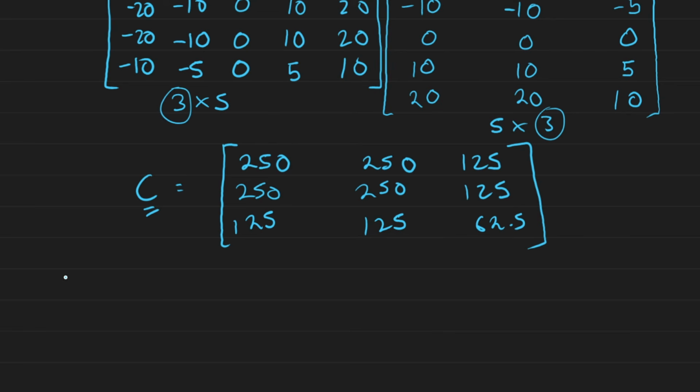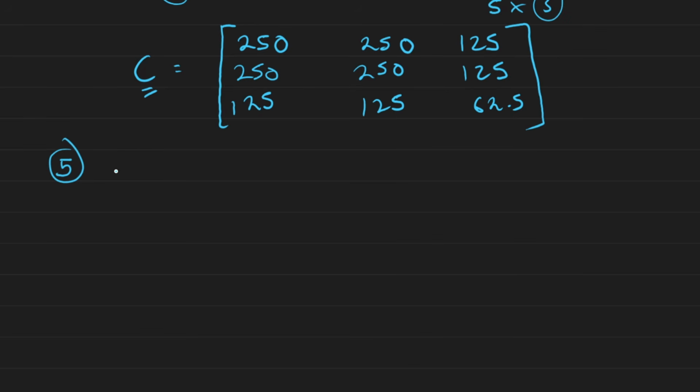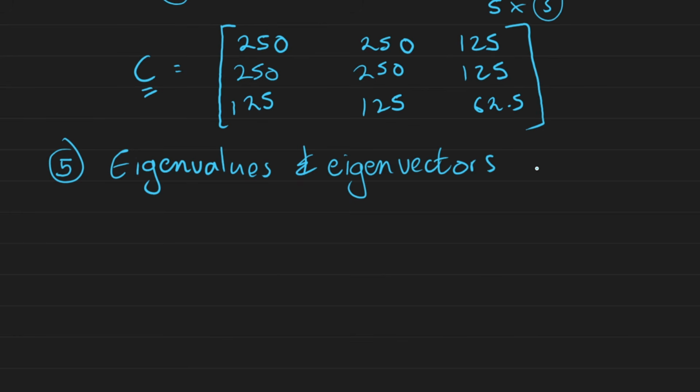The next step, step 5, is to determine the eigenvalues and eigenvectors of this covariance matrix C. In order to do that, we solve the characteristic equation. It's the determinant of this covariance matrix minus lambda times the unit matrix, and we set that equal to 0.